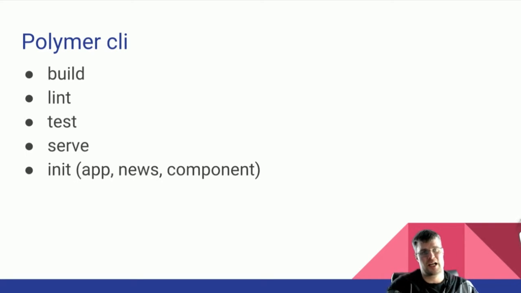So if you download the CLI, you can build your project, and then you will get a bundled version, and this bundled version will actually bundle all your components in one file that you send over the network.